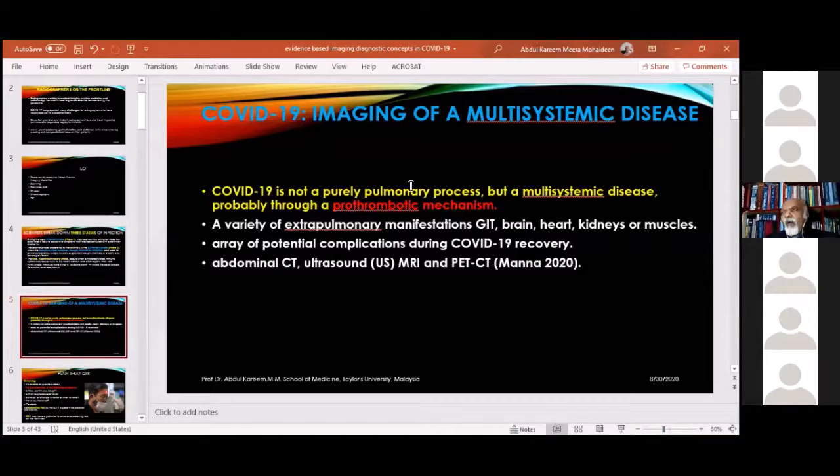A variety of extrapulmonary manifestations have now been described, including involvement of the skin. So it affects from the tip of the toe to the brain. Almost all parts have been found to be affected by COVID-19, and so radiology is going to play a major role in such diseases.